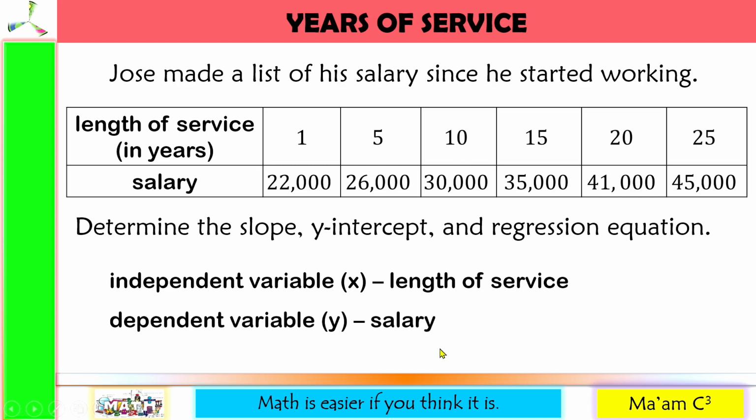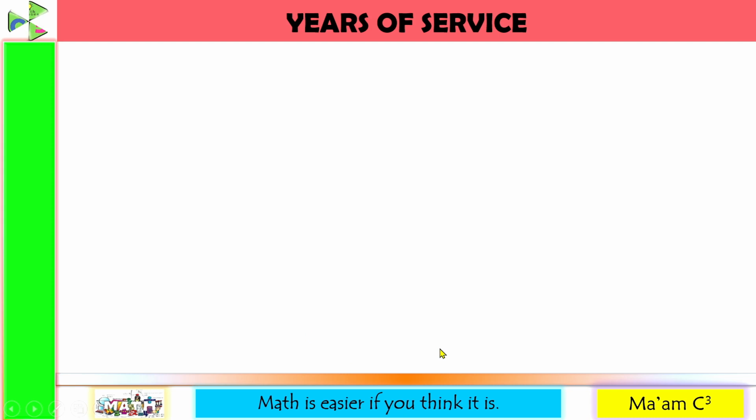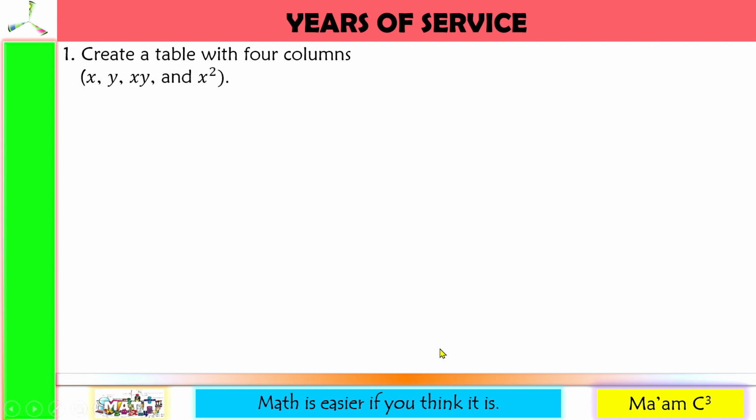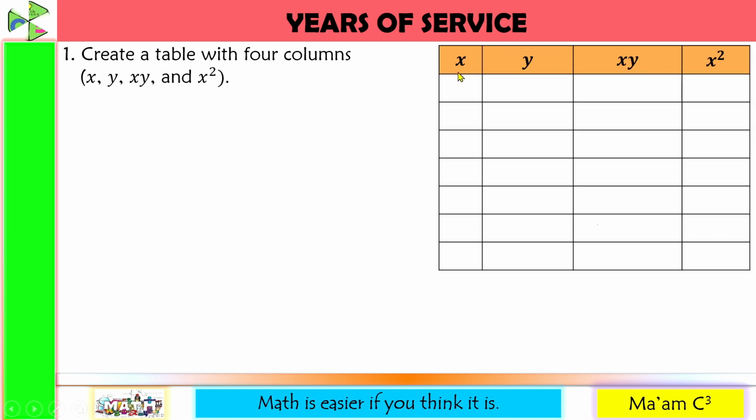Let us continue now with the steps. Step 1, create a table with 4 columns. So let us create a table. Column for x, for y, for xy, and for x squared. Step 2, list the values for x and y. So for x, on the first year in the company, the salary is 22,000.